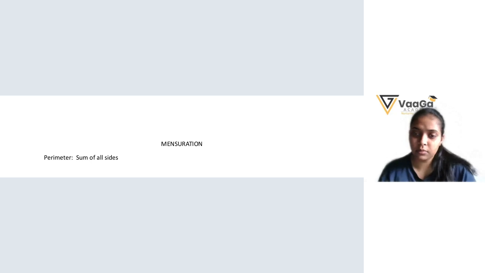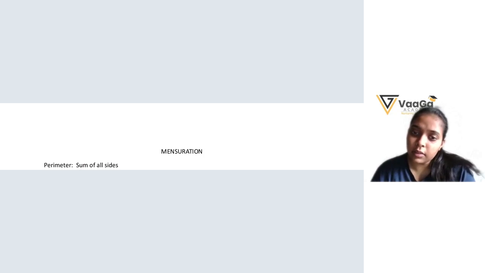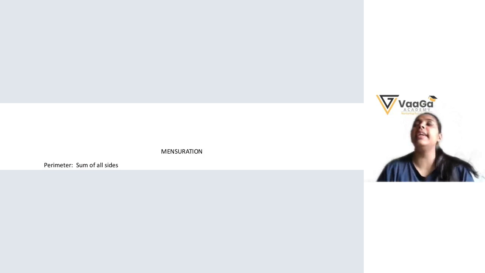A square has four equal sides. For a rectangle, two sides are equal. Which two sides are equal? Opposite two sides are equal, right? Yes. Very good.